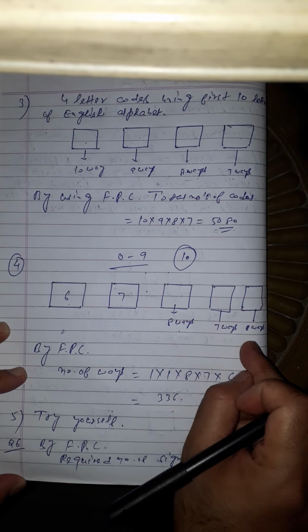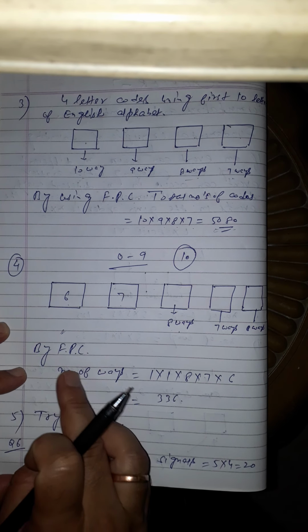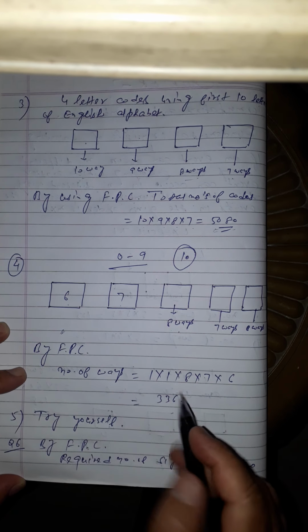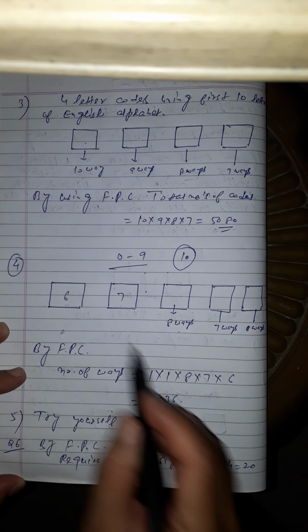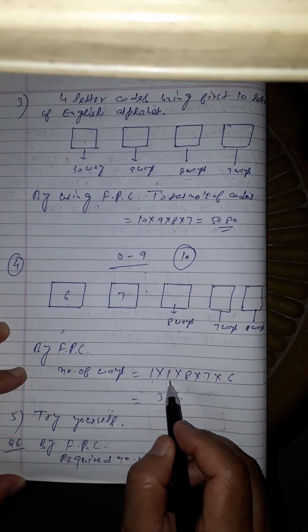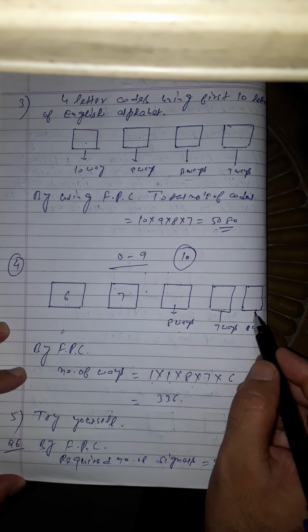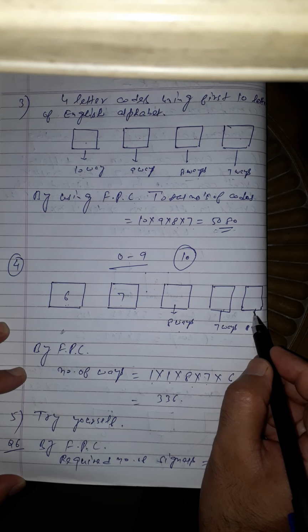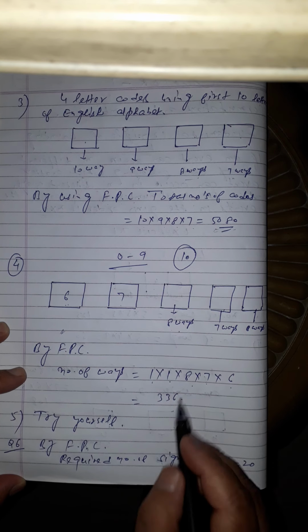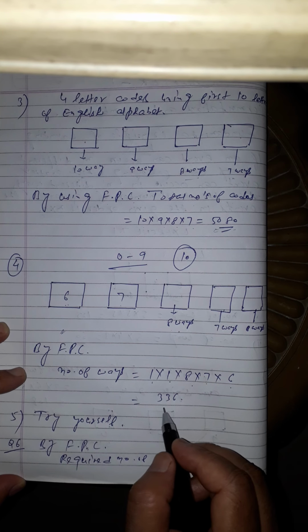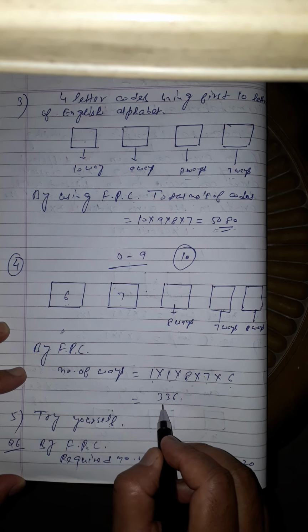Here there are 6 ways. Therefore by using the FPC, the number of ways will come as equal to, these are fixed, that is why I am taking them as 1 and 1. Here are the 8 ways, here are the 7 ways, and here for this one 6 ways are there. So if we multiply them, we will get 336.